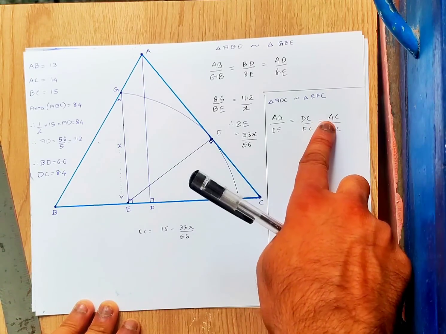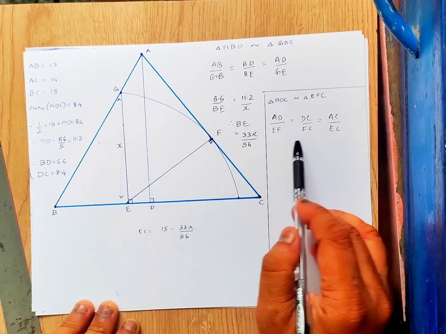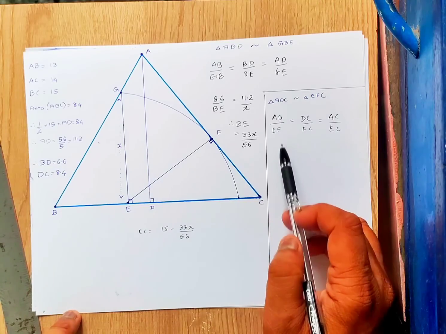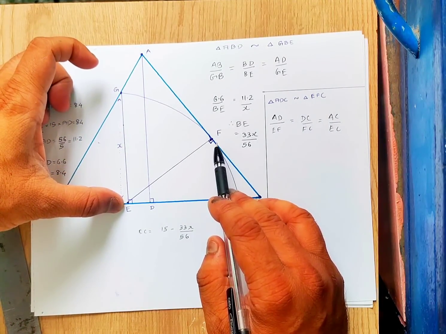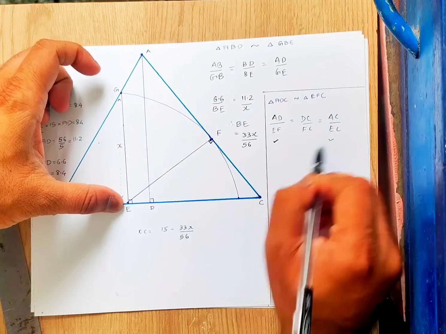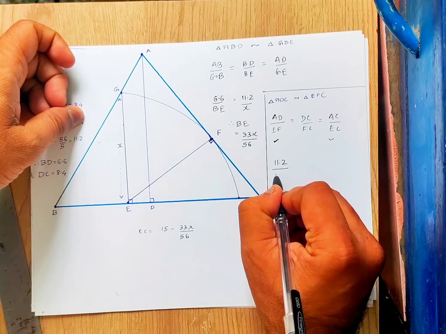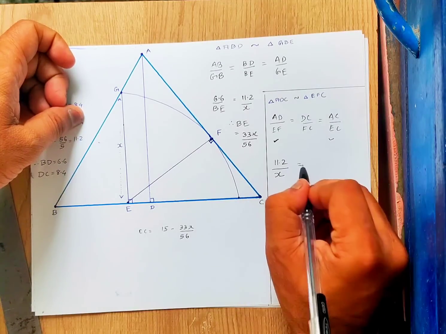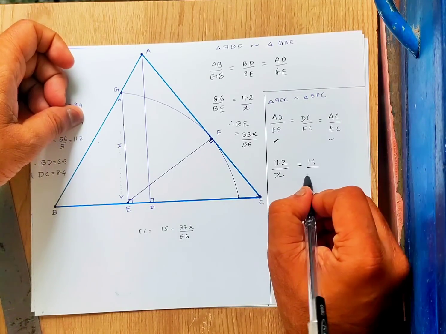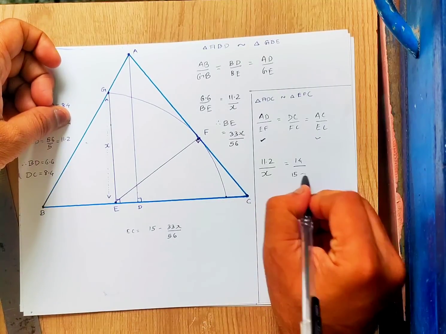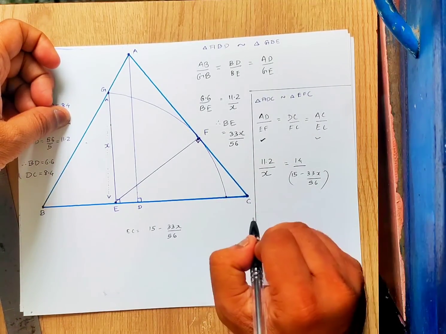I have the value of AC, so this ratio is very useful. Then let us check which of these ratios we need to take. AD by EF. AD is the height and EF is the radius of the quarter circle. Yes, so I'm going to take this ratio. So 11.2 divided by EF, which is nothing but X, equals AC, which is 14, divided by EC, which is 15 minus 33x by 56.